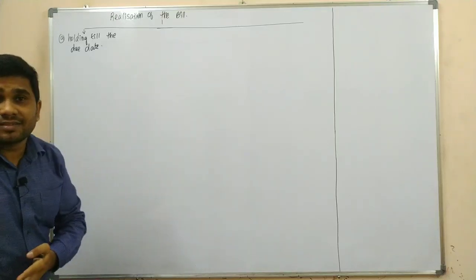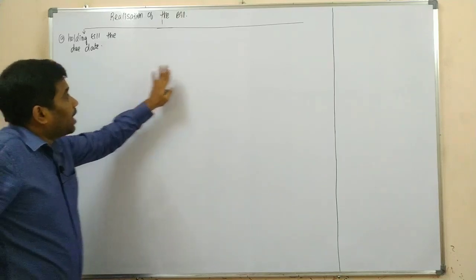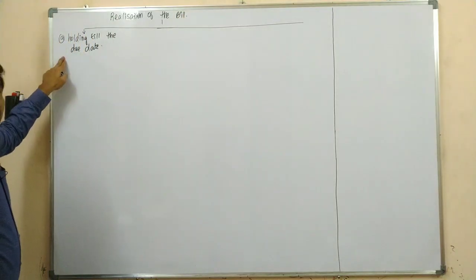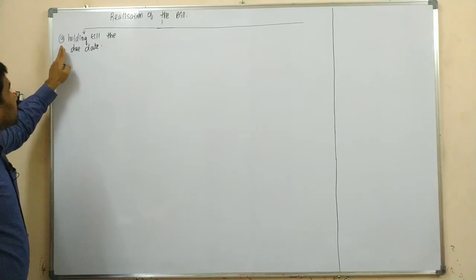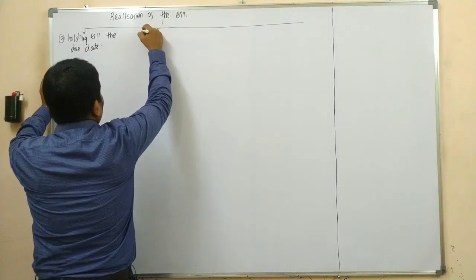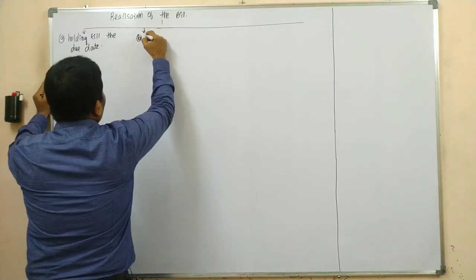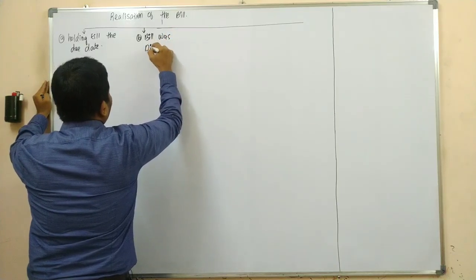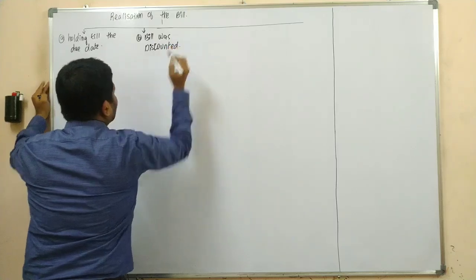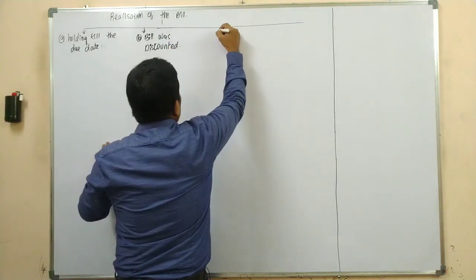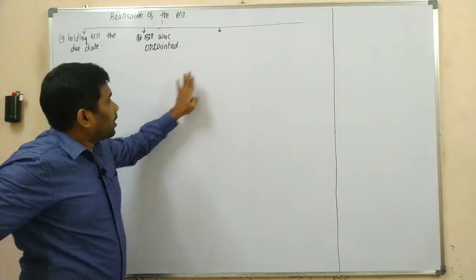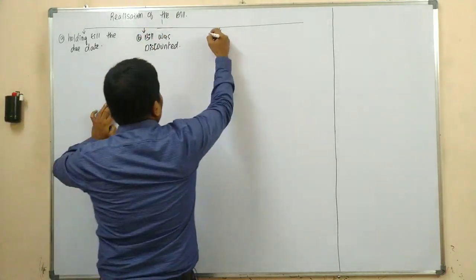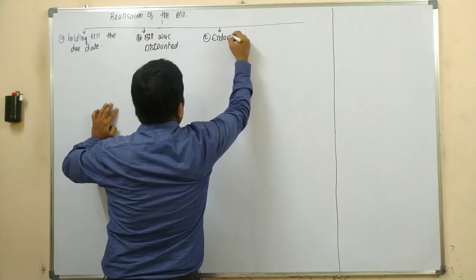So what are the journal entries? What are the journal entries in the books of drawer and drawee in case of realization of a bill when the drawer is holding the bill till the due date, when the bill was discounted with the banker, and upon realization of a bill if it is endorsed?